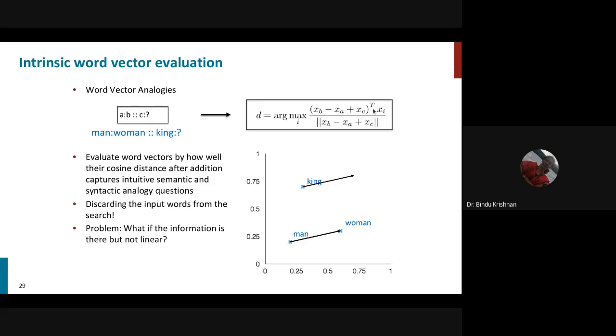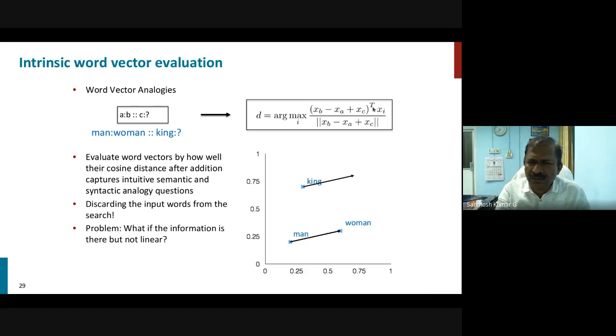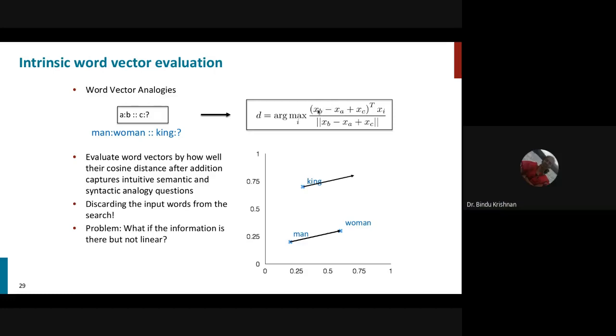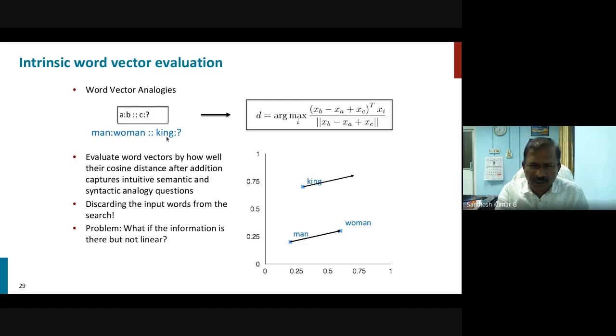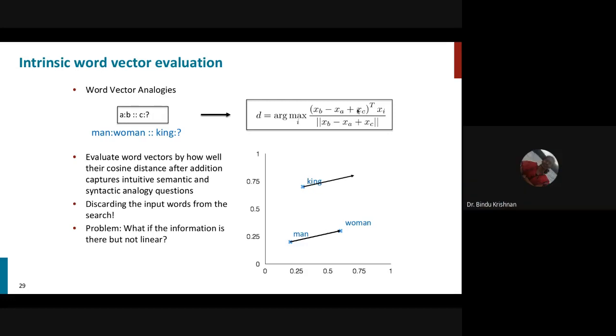Yeah, basically what we do is b minus a plus c. These are all vectors, right? We take the difference between these two and add this word here. But suppose we have two vectors, a1 i plus a2 j plus a3 k and b1 i and so on. Then the dot product will be a1 b1 plus a2 b2 like that, but this term is not in that form. That is my doubt.